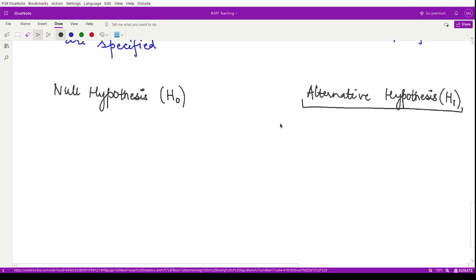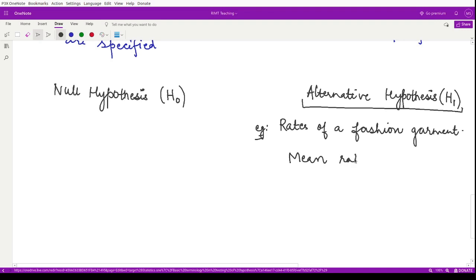So in this null hypothesis, actually, whatever is our statement, we call that to be the alternative hypothesis. Suppose we wanted to check the rates of a fashion brand. So in that case, we say that the mean rates, they are equal to say 1000, say, right?